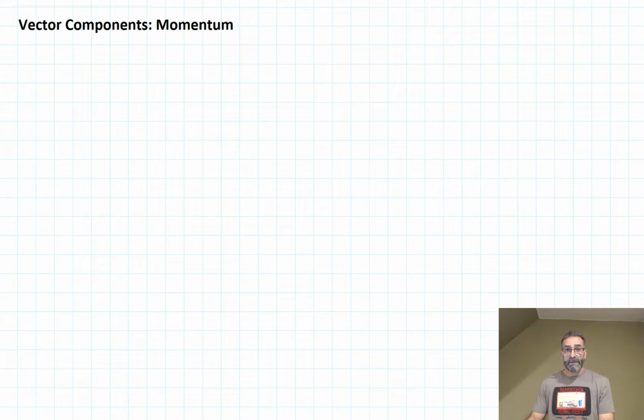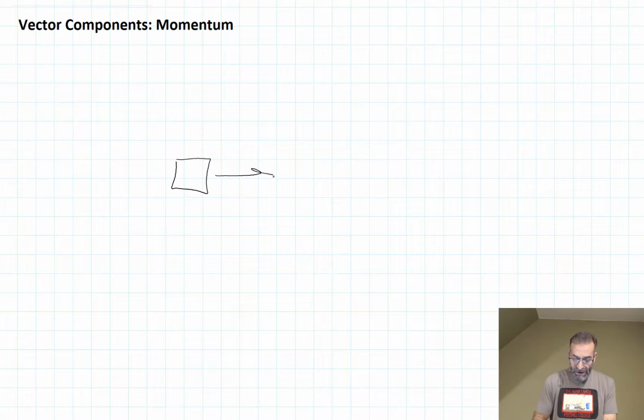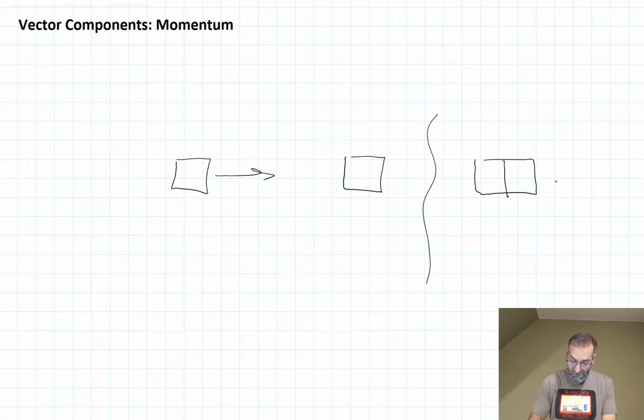This brings us to our momentum lens and how vector components can be used with momentum. In the next hour, we'll deal with kinematics. We know that if an object is moving in this direction and it collides with another object that was at rest and they stick together, the two objects will continue moving in that direction, stuck together.